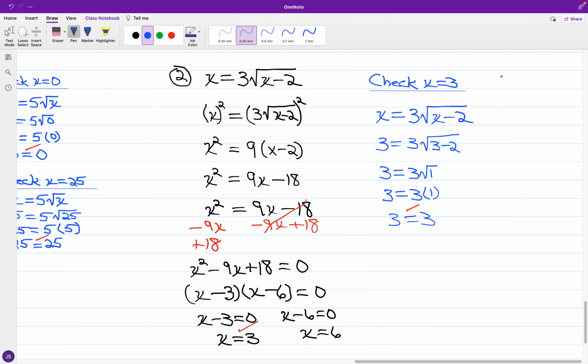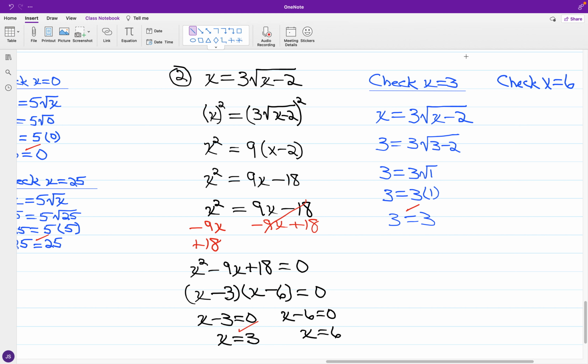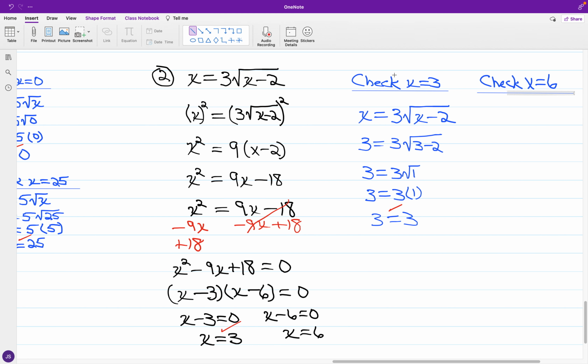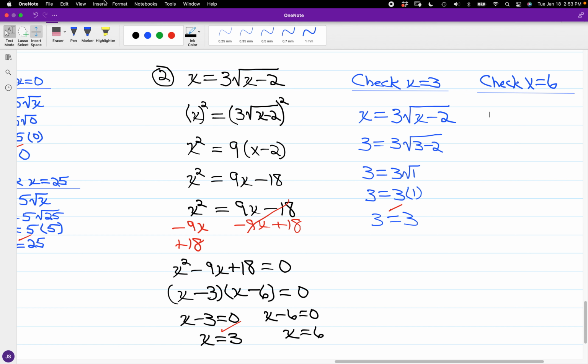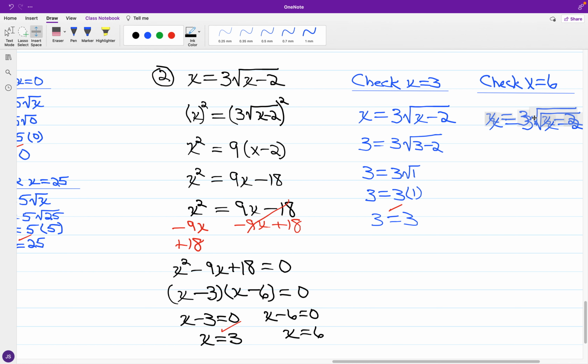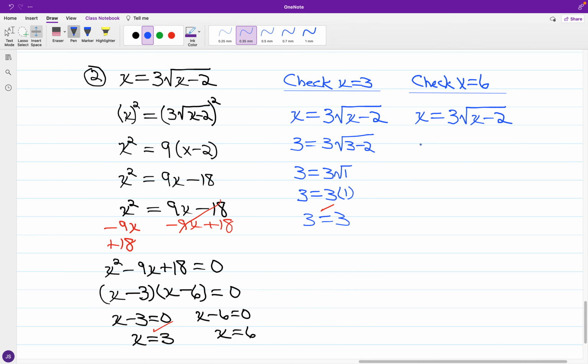As for x is equal to 6. Again, whenever you're checking, you don't have to write this out, but I'm just giving the concrete display.